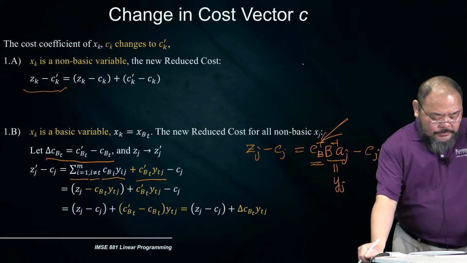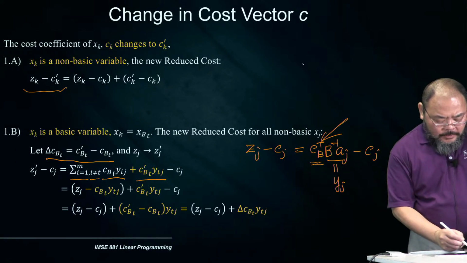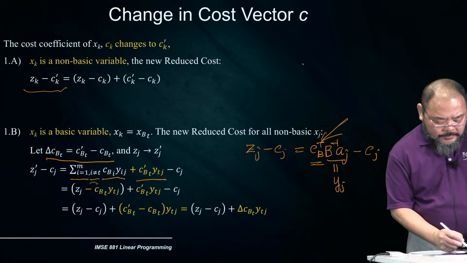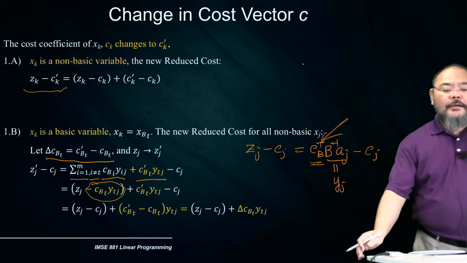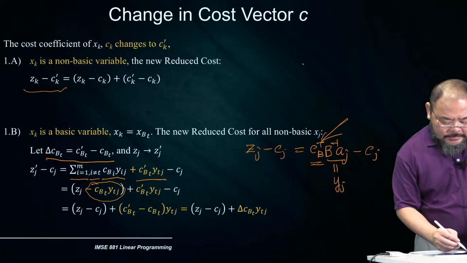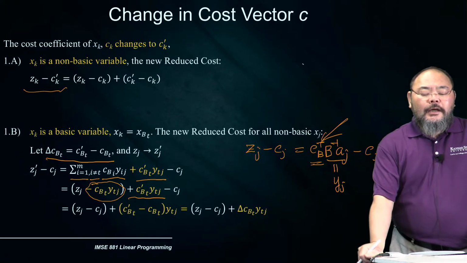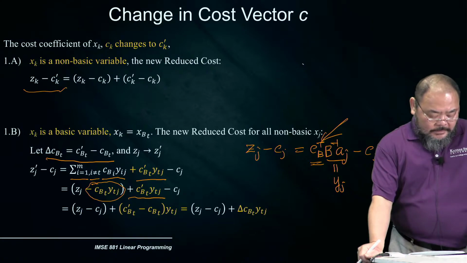So we can basically say this part, without the zj itself, minus the cBt term times Ytj, but plus the new term. So minus the original term and then add the cBt prime term, and that's what we have.